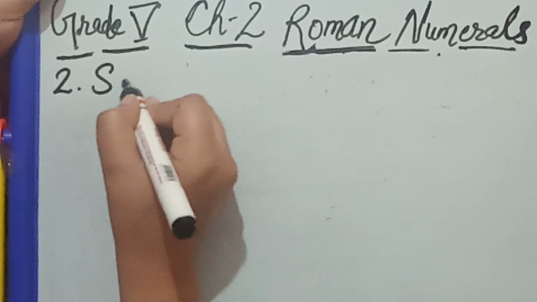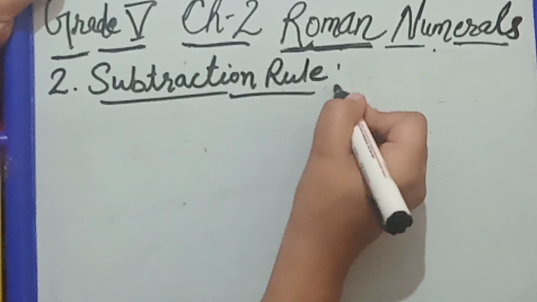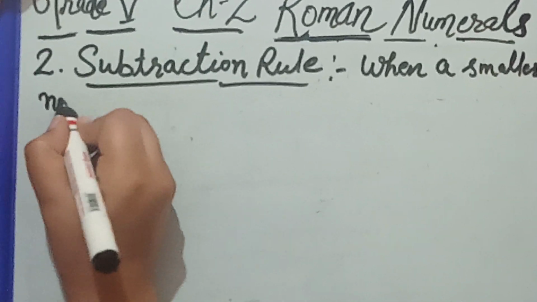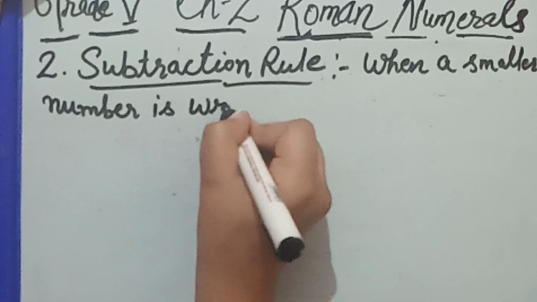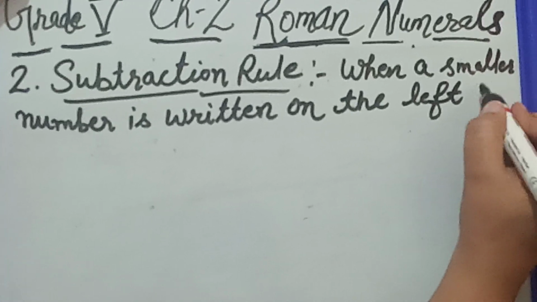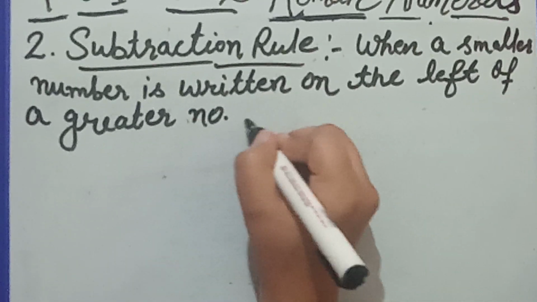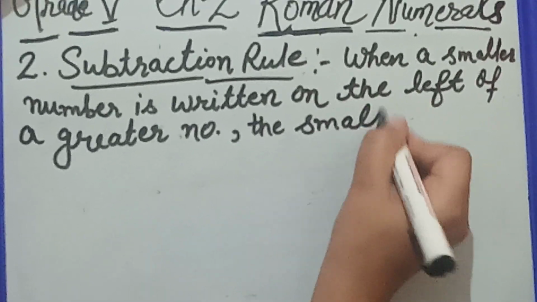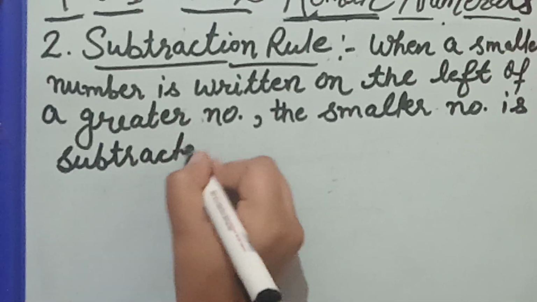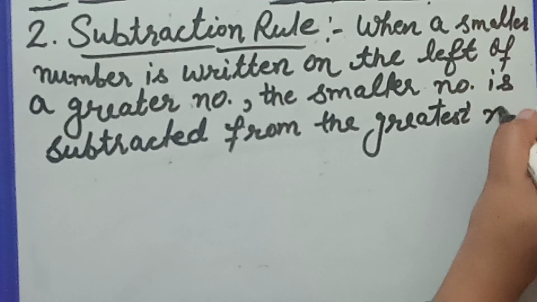So now I'm going to explain the second rule. Second rule is subtraction rule, and this rule says when a smaller number is written on the left of a greater number, then the smaller number is subtracted from the greater number.